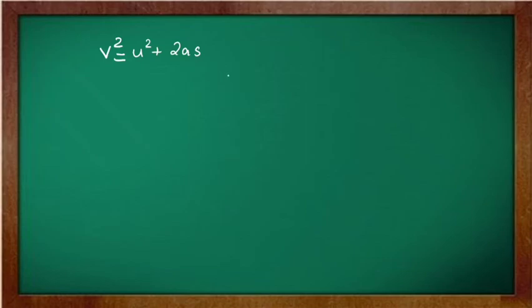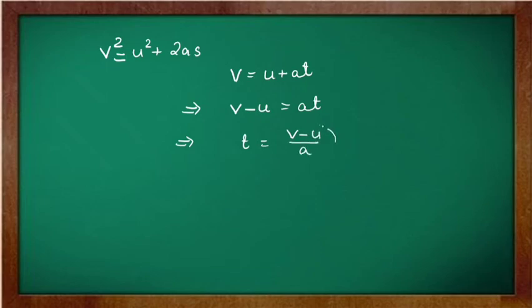So first equation of motion was v is equal to u plus at. Then from here we have to find out the value of t. Now bring this u this side, it will be v minus u is equal to at. So I'll get my t is equal to v minus u by a. So this is my value of t.